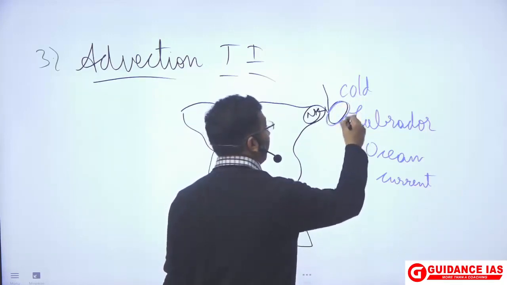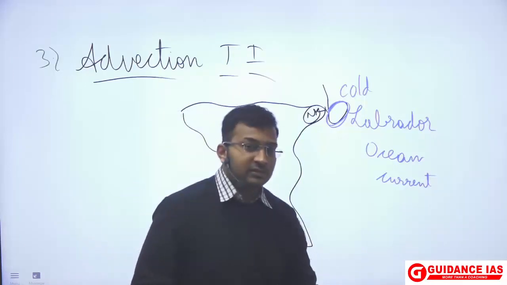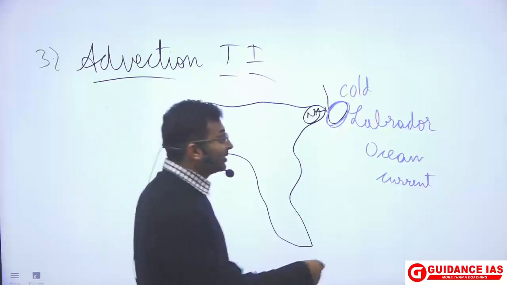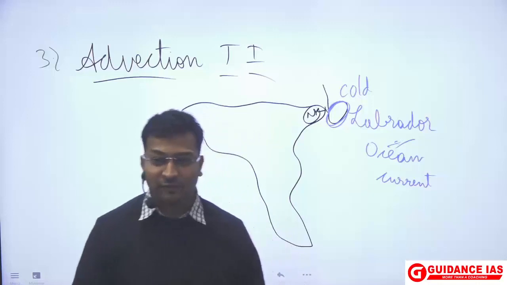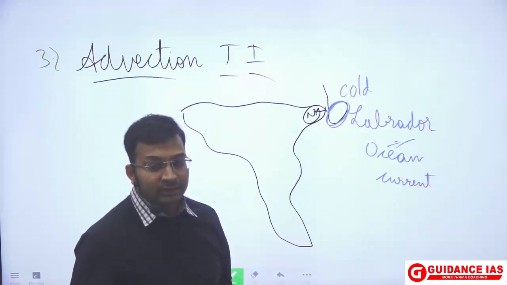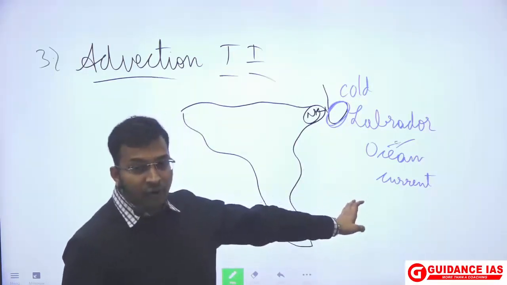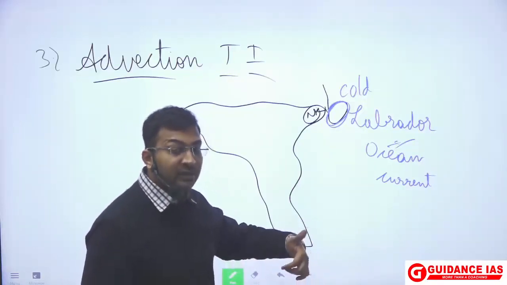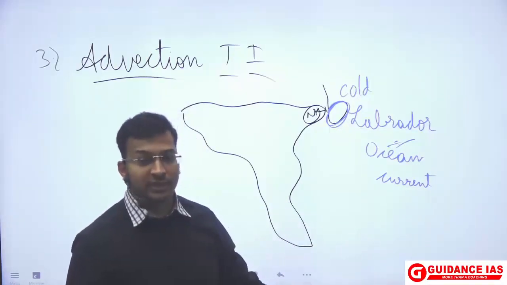Dense fog will be formed in this region. You might have seen in movies like Pirates of the Caribbean, or even in the Titanic, which sank somewhere here. There was presence of dense fog. It was basically due to the convergence of cold and warm air masses. This also happens in upper air inversion, but now we are sticking only to the surface temperature inversion.